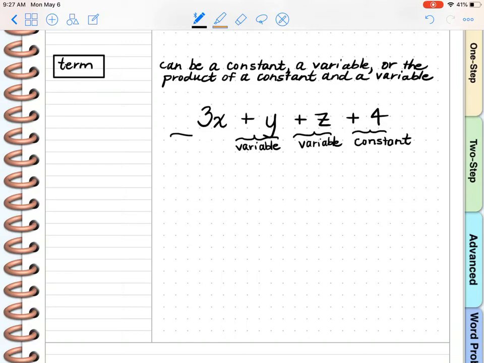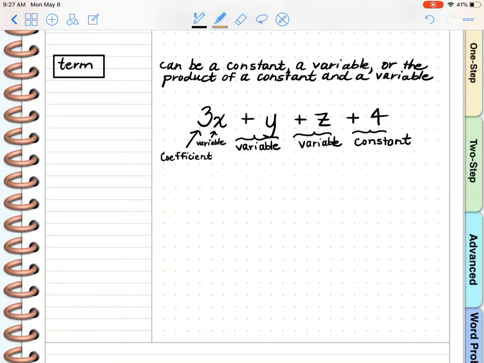So this is called a multiplication term. It has a coefficient, and I'll define that just a second down below. And remember, this is a variable. So we have a term with multiplying in there.